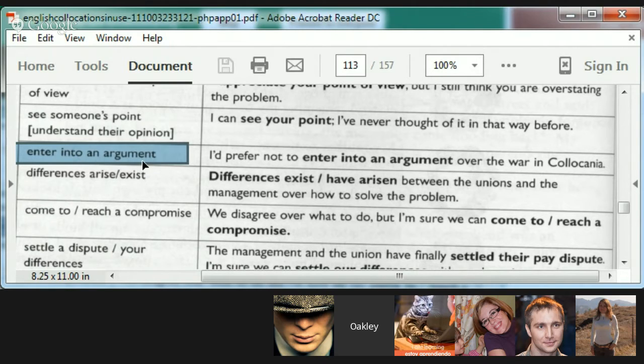Okay, Alex. I'd prefer not to enter into an argument or the war in Colossenia. Okay. Enter an argument. Colossenia, I have no idea. Does anybody know? Is that a real place?